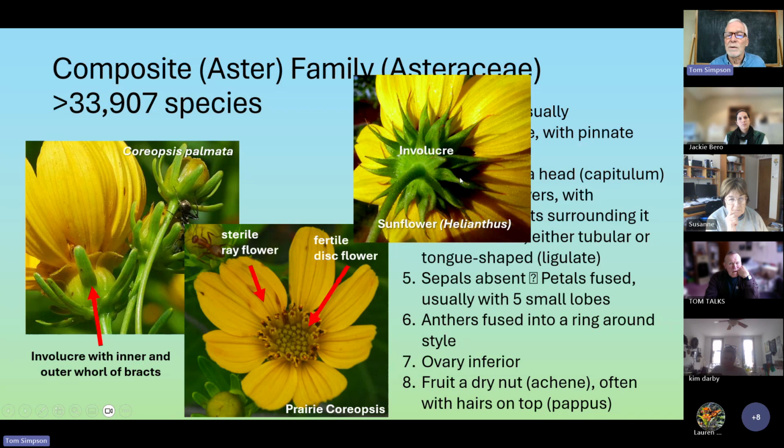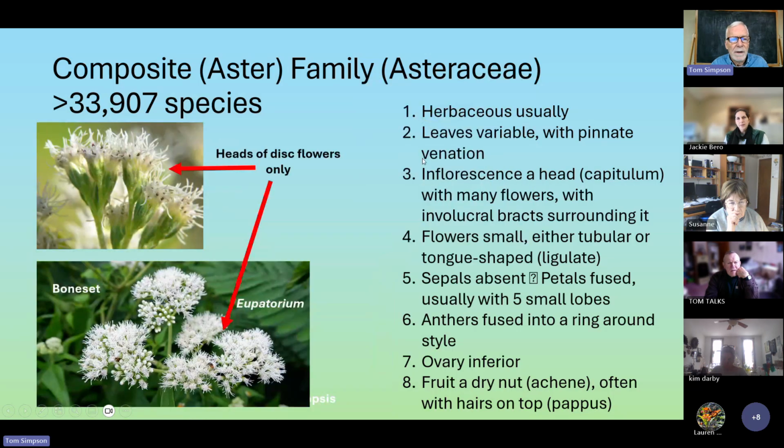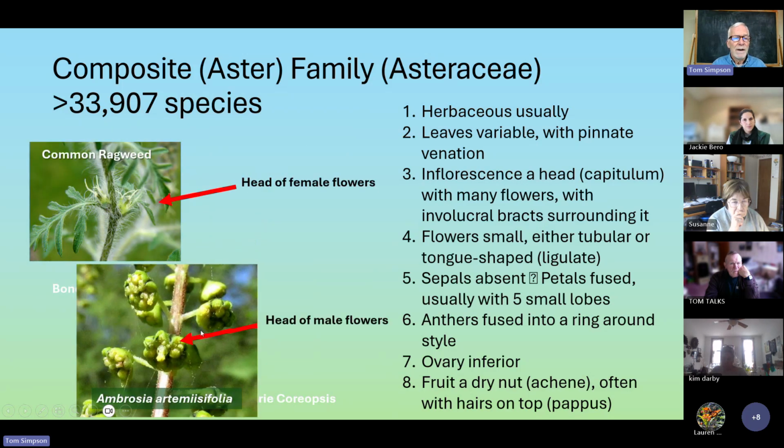This just has a sort of spirally arranged group of leaf-like bracts. Some composite heads are disc flowers only, and no ray flowers. And probably their most highly evolved flowering aster plants are things like ragweed, which has separated male and female flower heads.